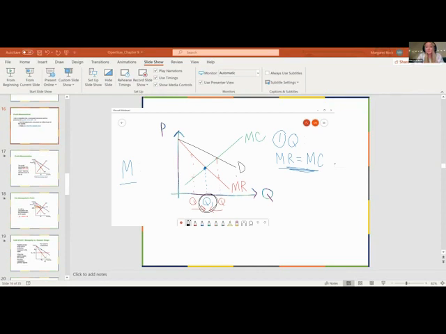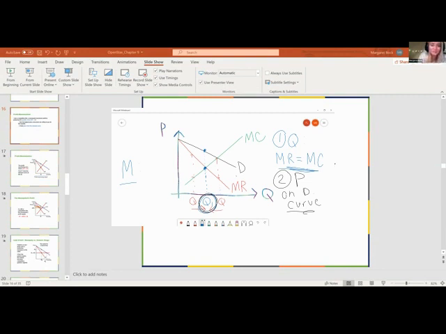Now, if this was perfect competition, that same intersection point would determine the price. But because the monopolist is not facing any competition, they can charge the maximum willingness to pay for this quantity. So if we are at this quantity Q1, what would be a consumer's maximum willingness to pay at this quantity? Well, we would find that by going up to not the marginal revenue curve, but all the way up to the demand curve.